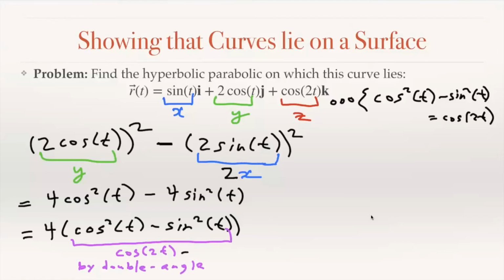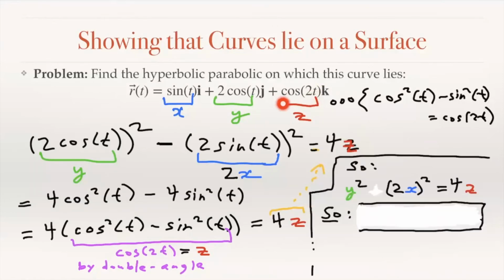But cosine of 2t is z. Right there. So this is therefore 4z. And 2t, so the only way to relate the sine t and cosine t to it was using that double angle identity.